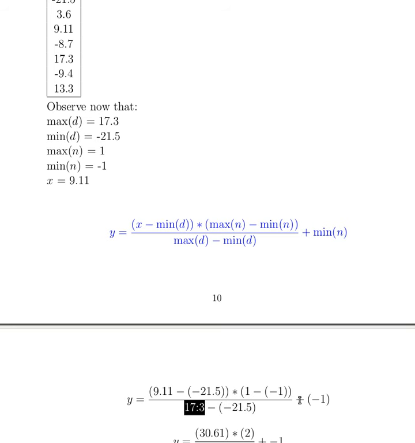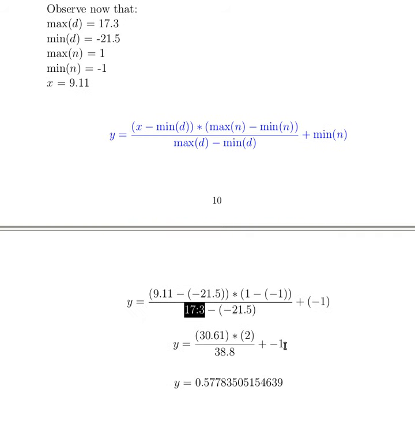All of this plus the minimum value of my normalization range, which is -1. If we substitute, we get 13.61 times 2 over 38.8 plus -1, and then we get Y.